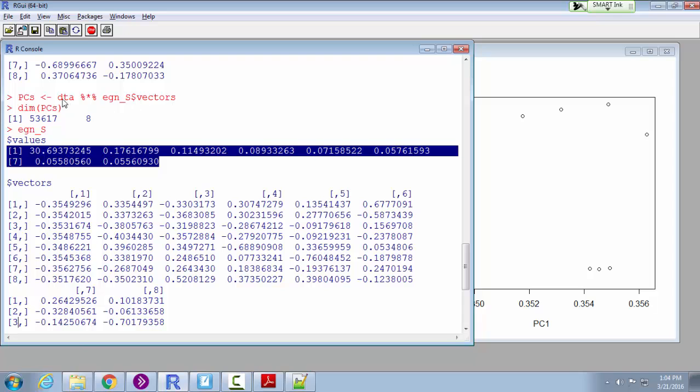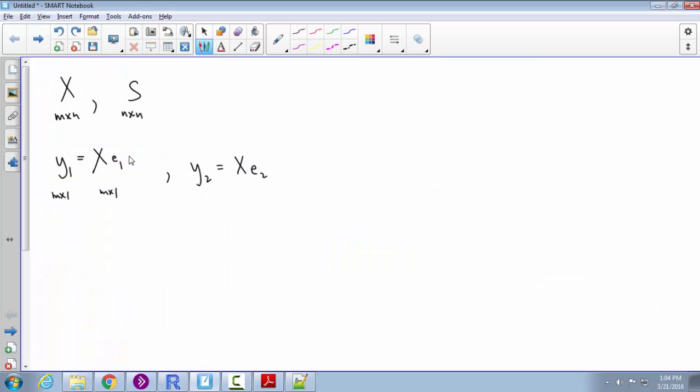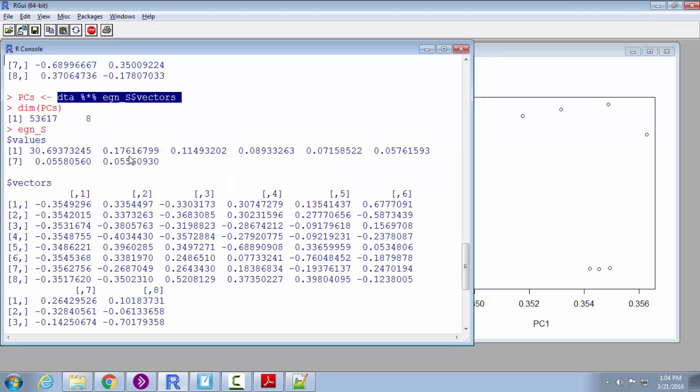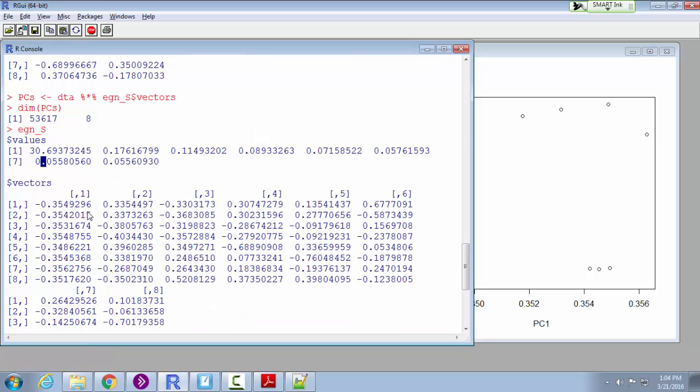Okay. So when we do principal components, the picture on the right is a scatter plot of these 8 pairs, these 16 numbers. So there's 8 points on the picture.